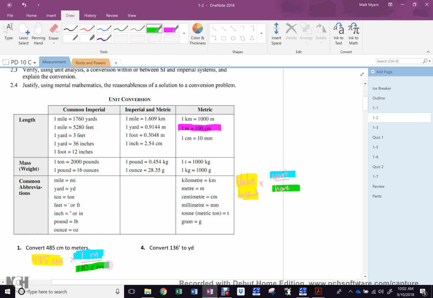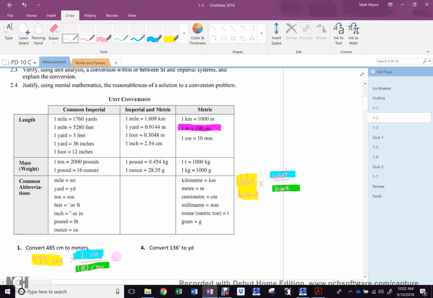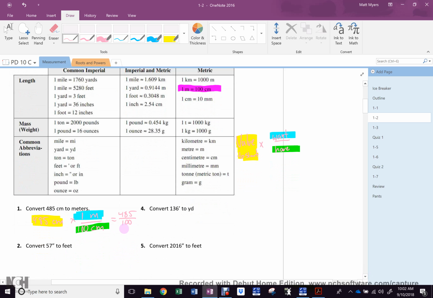Now, when you multiply that, as you all know, because you just did 2 pages of multiplying fractions, what is the denominator officially under the 485? 1. So it's 485 times 1, which gets you 485 over 100. And that math is 485 divided by 100, which of course you know you move the decimal places 2 spaces.